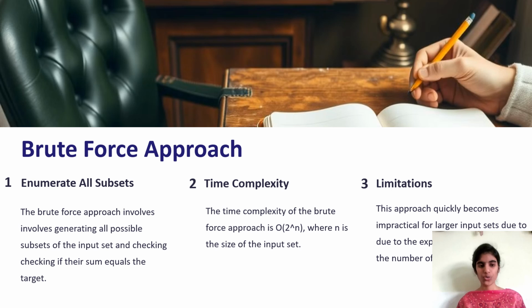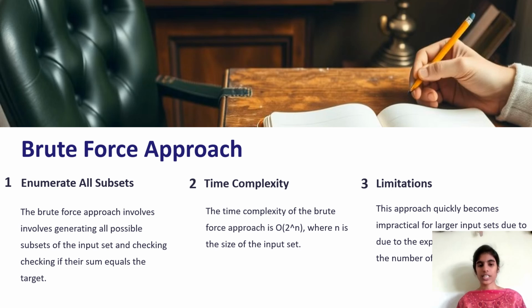It has two ways of approach. One is the brute force approach and another is backtracking. First, we will learn briefly about the brute force approach. We should talk about three important things in it. First, enumerate all subsets: the brute force approach involves generating all possible subsets of the input set and checking if their sum equals the target.